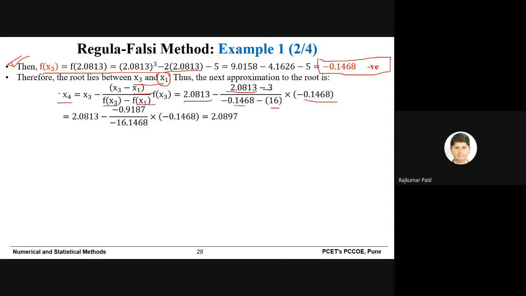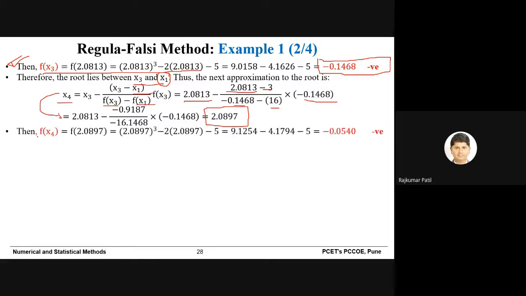Upon simplification you will get x4 as 2.0897. Similarly, we calculate f of x4 by putting x4 in equation number 1, and you will get a negative sign, that is f of x4 as minus 0.0540.